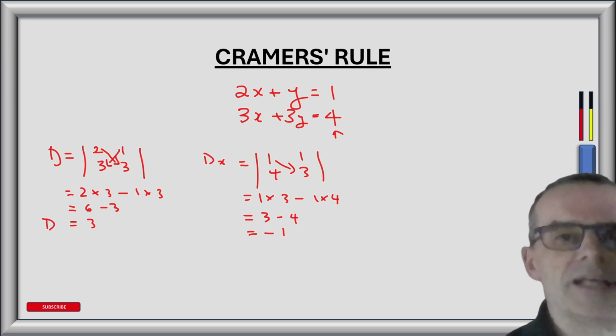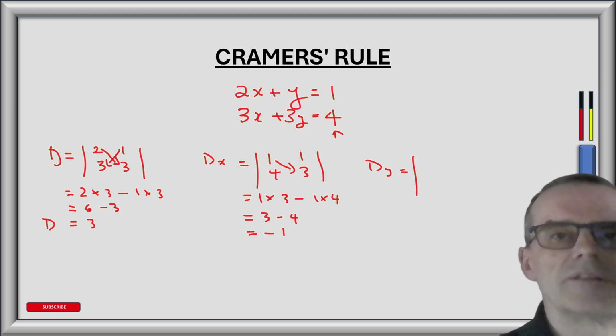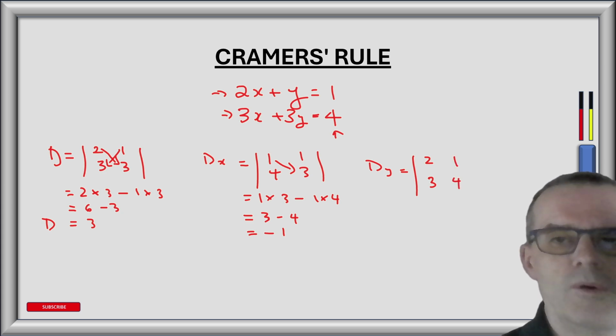And finally, we need to work out the determinant of y. So the determinant of y, the dy, is equal to, so we leave the coefficients of the x term in place. So we have 2 and 3, and we replace the y coefficients with the answer values. So we replace it with 1 and 4.